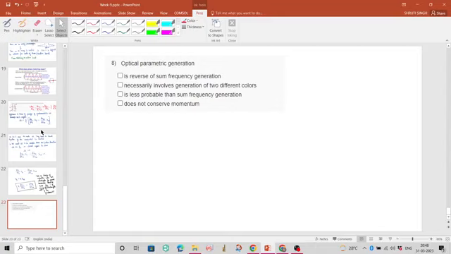So let's discuss optical parametric generation, OPG.